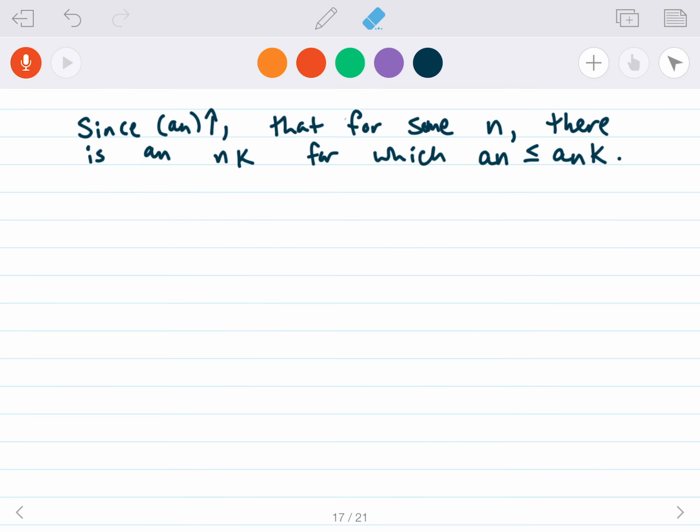So if we wanted to illustrate this, maybe as scratch work, we could have the sequence a sub n equals 1 minus 1 over n. This is a monotone increasing sequence.